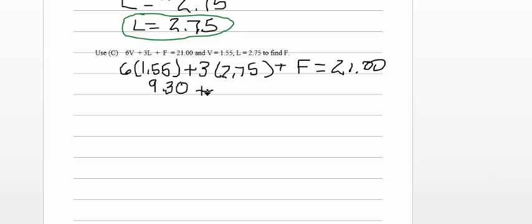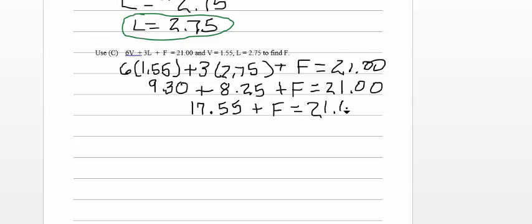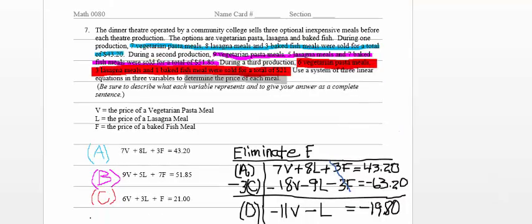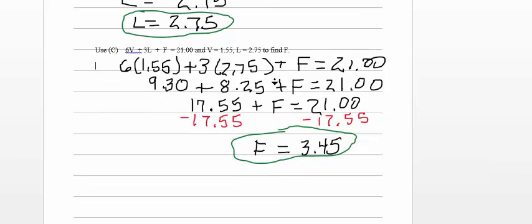And notice I replace V with 1.55, I replace L with 2.75, and this allows me to find F. When I add negative 17.55 to both sides of the equation, F is $3.45.